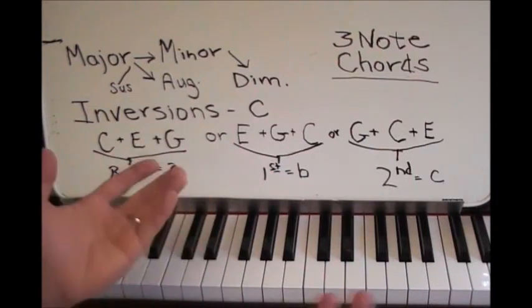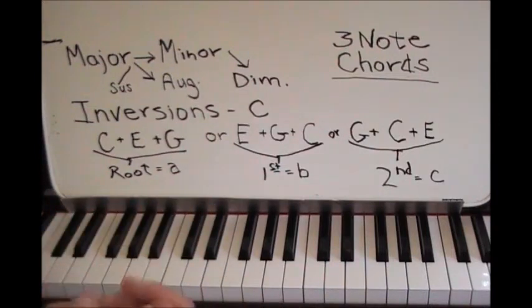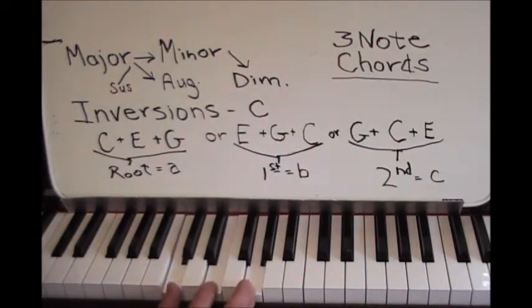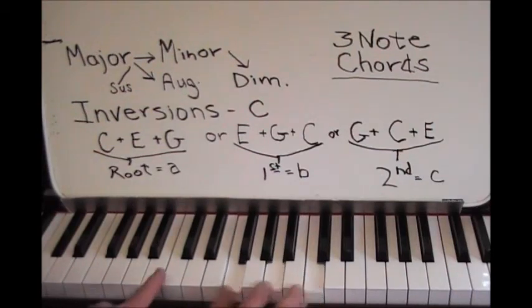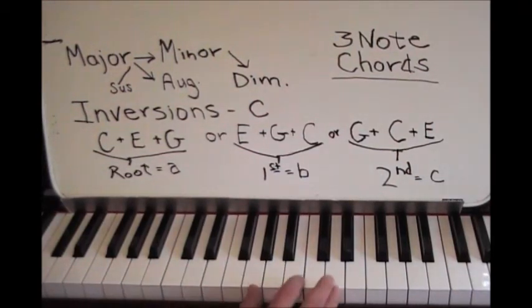So let's say we had a typical chord pattern from the 50s, which is what's called a 1-4-5. The C major would be the 1, the F major would be the 4 because it's the fourth note of the C major scale, and the G major would be the 5 because it starts on the fifth note. And so we call it 1-4-5.